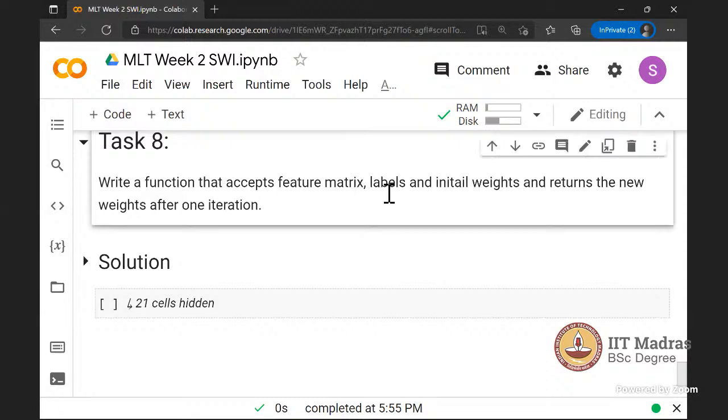All right. Now your next task is, if you have some weight vector W, compute the next set of weight vector parameters after executing one iteration of gradient descent.